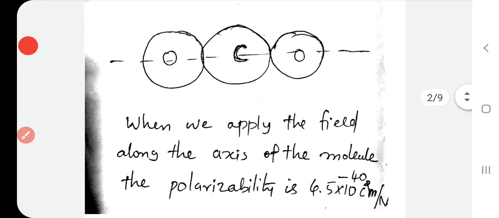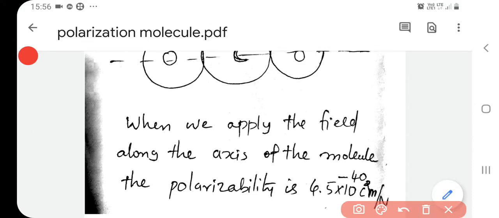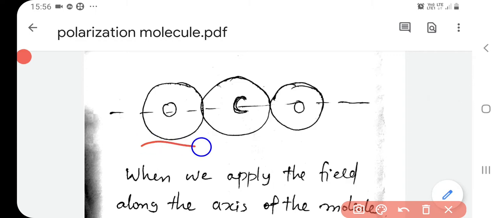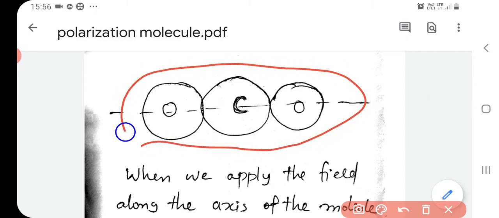For example, suppose we have a carbon dioxide molecule. Here you might be applying the field along the axis or perpendicular to the axis.